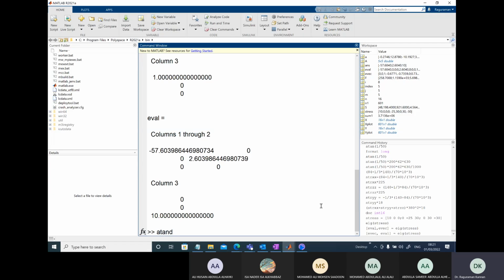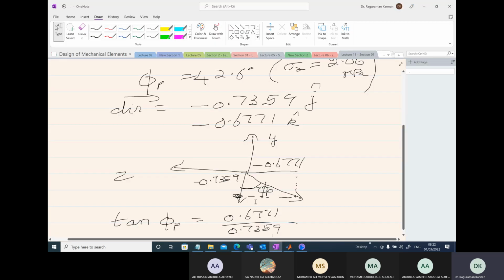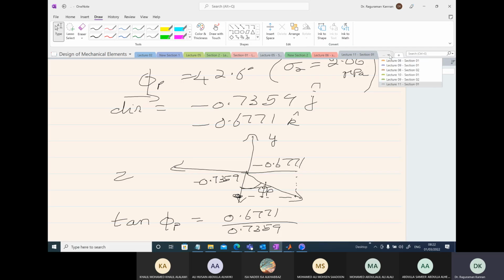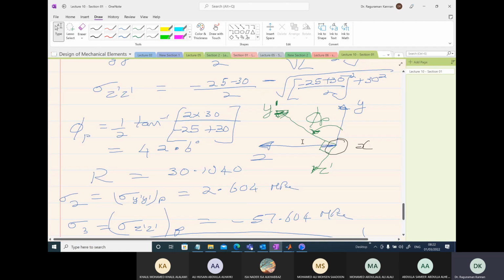Atan of 0.6771, and I have to make sure we are measuring the same angle as before. We are measuring with respect to y here. It's the same angle. Okay.